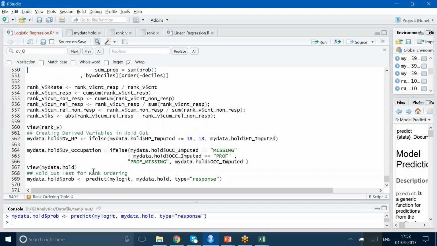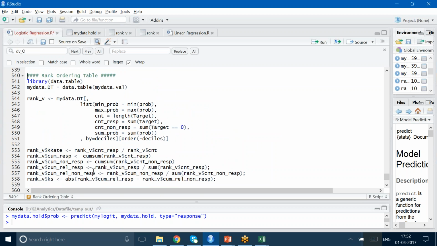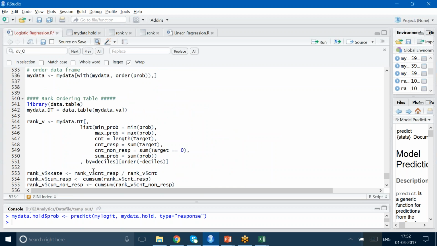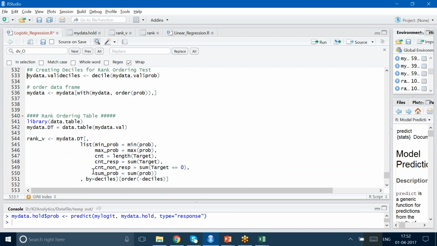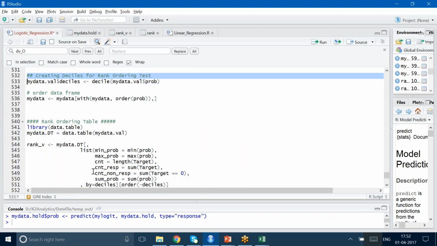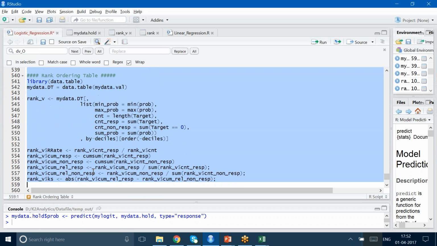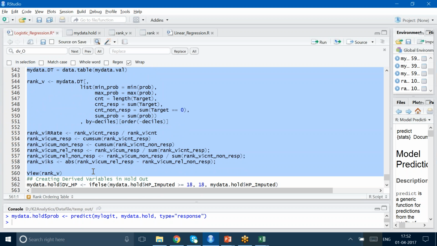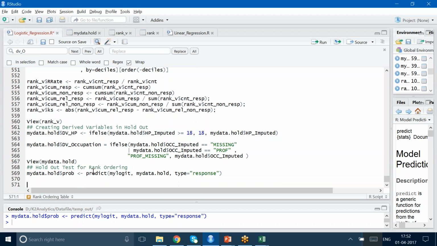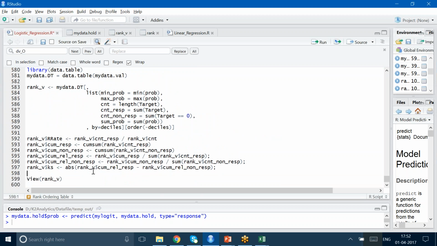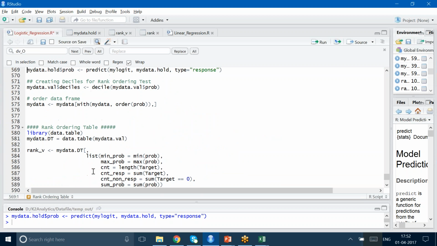After computing the probability, what is the next step? Rank ordering. To do the rank ordering, what do I need? Decile. So I have to copy this piece of code and the rank ordering code. Deciling which data?